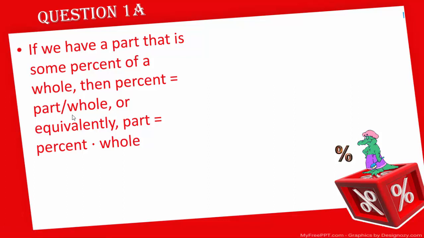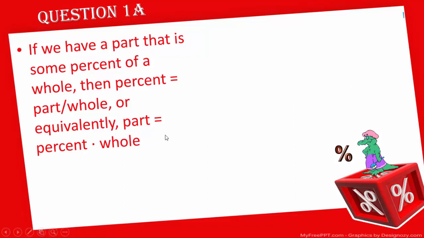Or equivalently, if we want to find a part of something, that would be equal to the percent times the whole. But remember, we don't take the percent directly here. We must convert the percent. Just like here, if we just do the part over the whole, it won't give us the percent directly. We have to actually multiply it by 100% after we have the fraction or decimal.